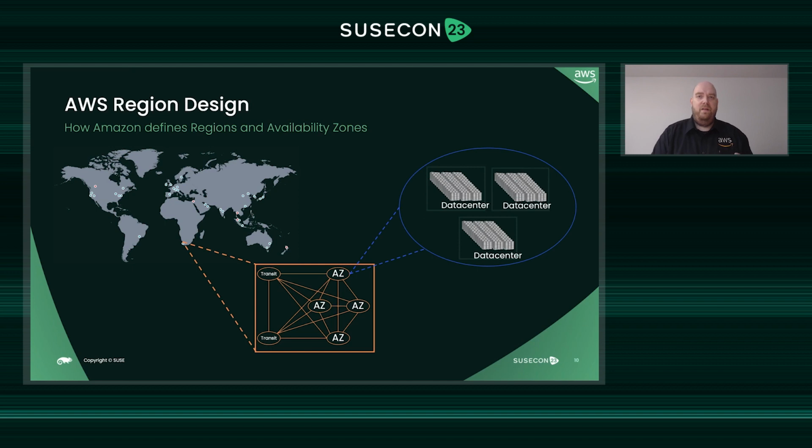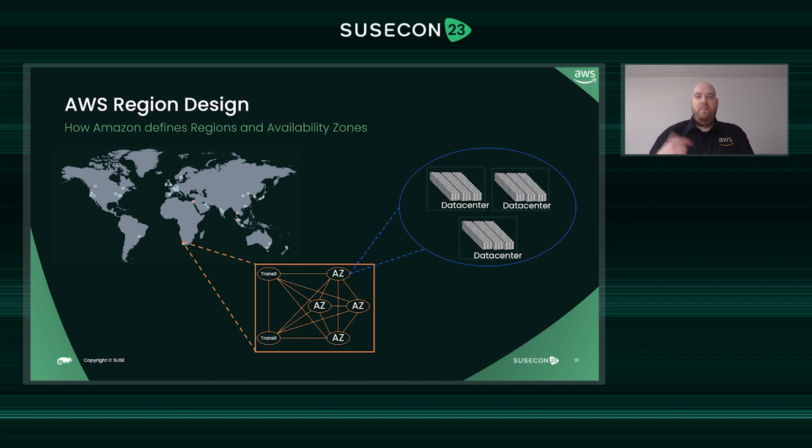A region is a geographical location, and this location contains multiple availability zones. The networking between availability zones and the transit is redundant. Every availability zone consists of one or more independent data centers, each with redundant power, networking, and connectivity.